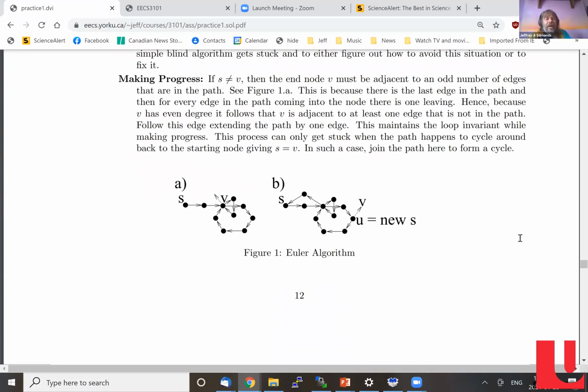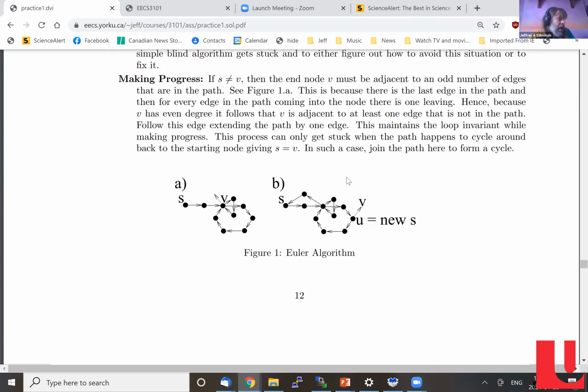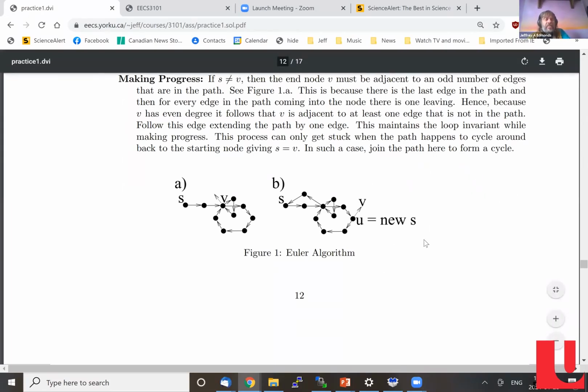But if we were done, if we visited every edge, we would stop. But maybe there's some edge we haven't visited, right? So we're not done. Here's another way you could not be done. Another thing Euler says is, well, suppose the graph isn't connected.